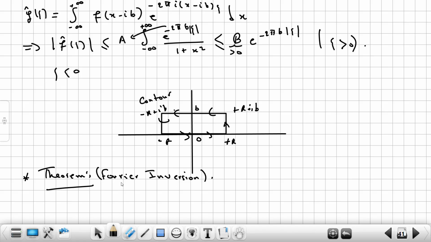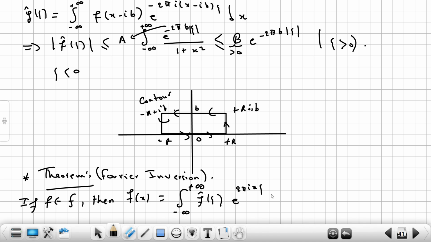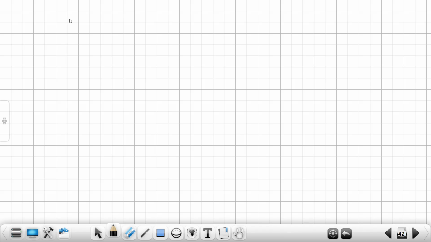Okay, now the next theorem, Fourier inversion. If f belongs to the class F, then the Fourier inversion holds, namely f of x equals the integral from minus infinity to plus infinity of f hat of psi e to the power 2 pi i x xi d psi, for all x in R. So, proof.